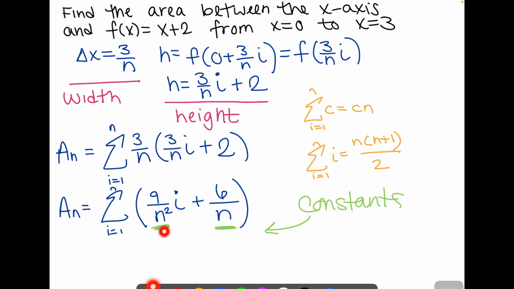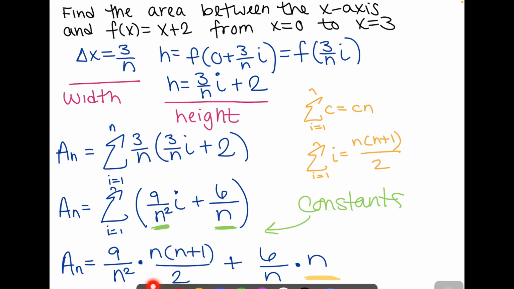So the 9 over n squared is a constant, and the 6 over n is a constant. So adding up this i times my constant, 9 over n squared, I should get 9 over n squared, my constant, and then I used my sigma formula for adding up the i. So adding up that i, it becomes n times n plus 1 over 2.